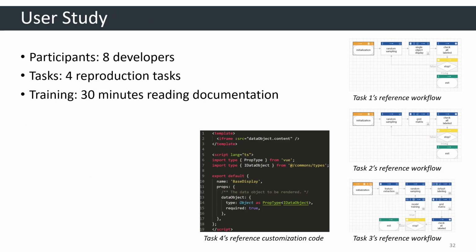We conducted an evaluation with 8 developers. Each participant received a 30-minute training and was instructed to carry out 4 reproduction tasks. The figures on the right show reference solutions for the 4 tasks. In each reproduction task, a detailed textual specification of a data labeling tool is provided to the participant.